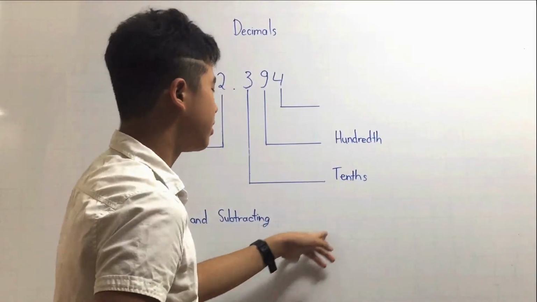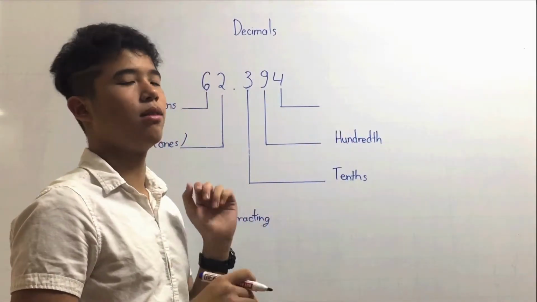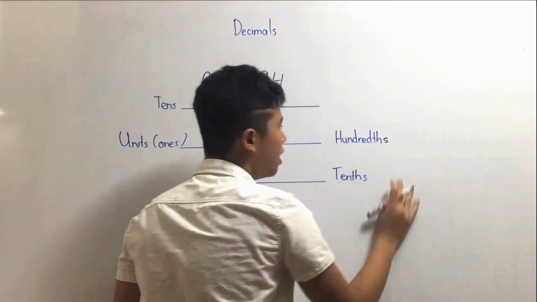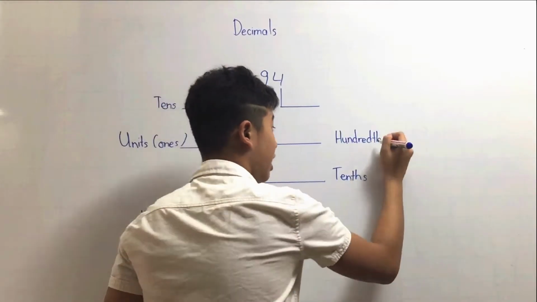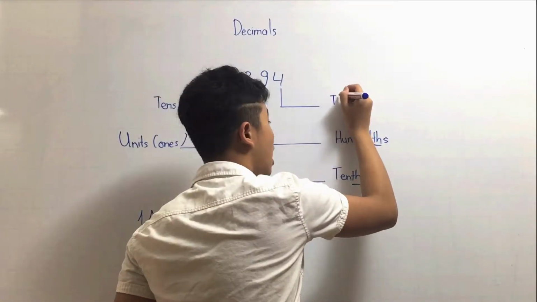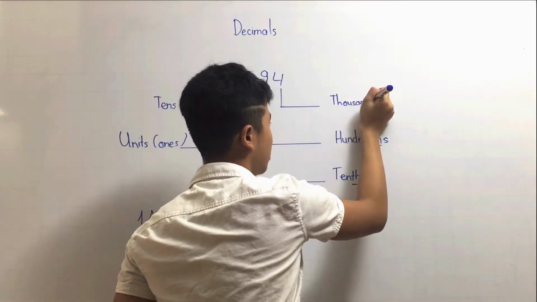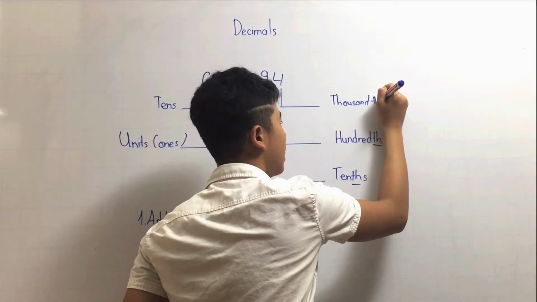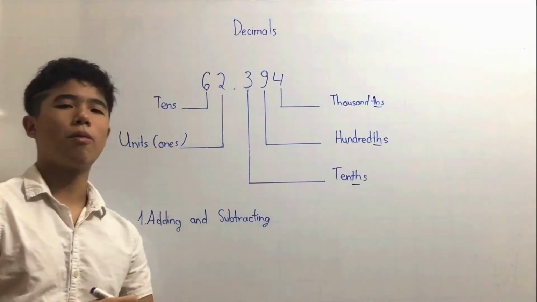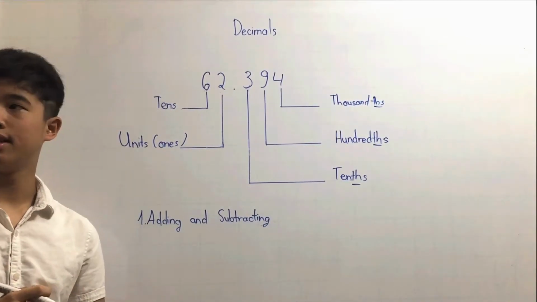Remember, the difference between hundredth and hundred is the letters TH at the end. You must focus on the letters TH. And this one is thousandths, not thousand. The letters TH mark that it is behind the decimal point.